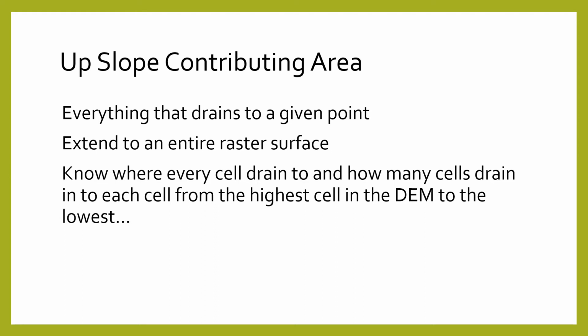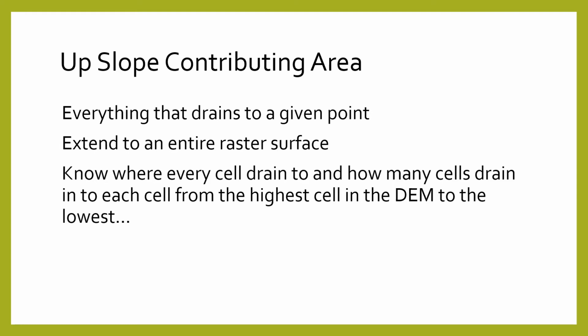Upslope contributing area is sort of the first basic tenet of this process, and it works so that everything drains to a given point. And you extend this concept out to the entire raster surface so that everything goes somewhere and nothing stops in the raster. Everything has to leave the raster. It has to drain away.